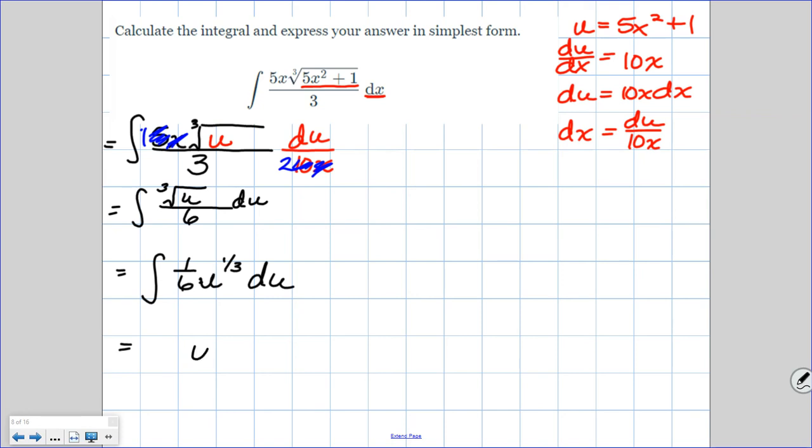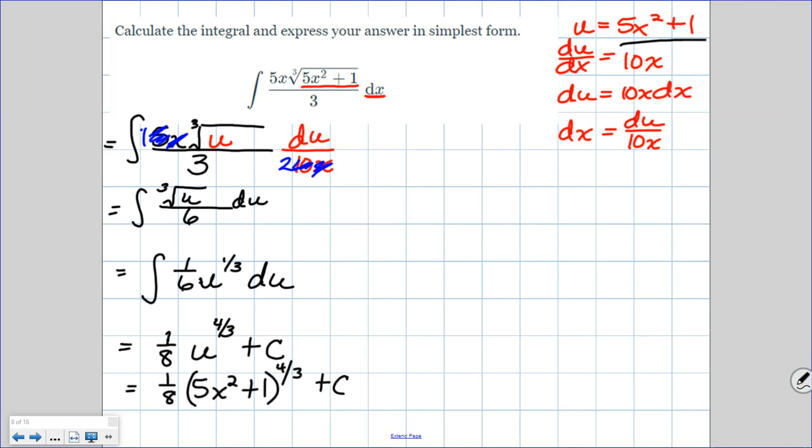Add 1 to the exponent, we get u to the 4/3. 1/6 divided by 4/3 is 1/8. So 1/8 u to the 4/3 plus a constant. Substitute 5x squared plus 1 back in for u, to the 4/3 plus a constant. There we go.